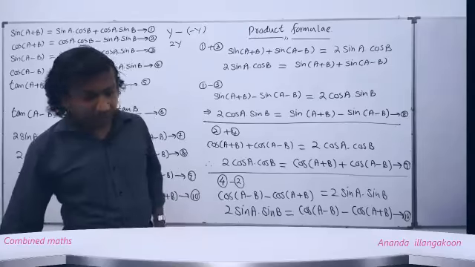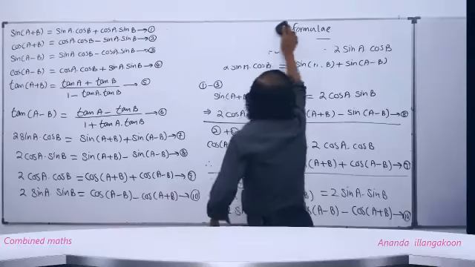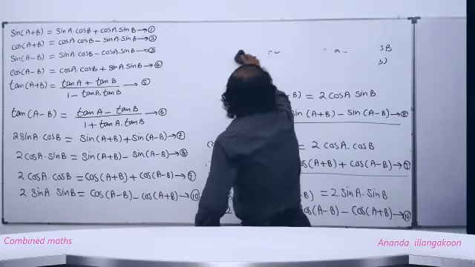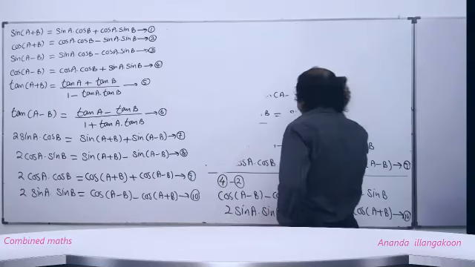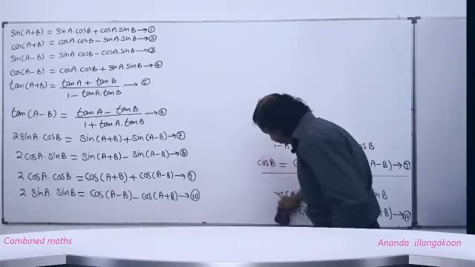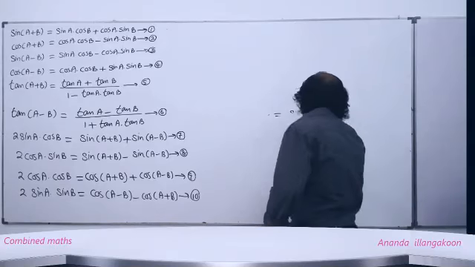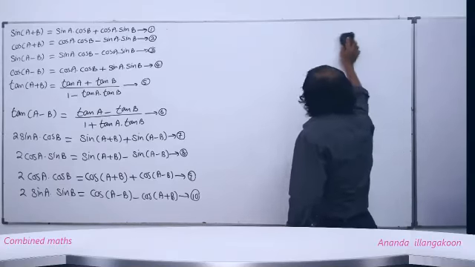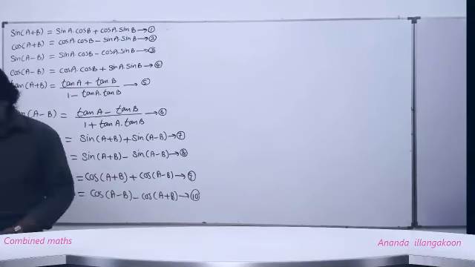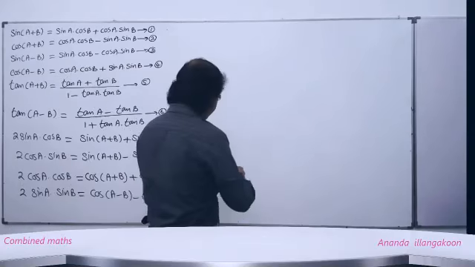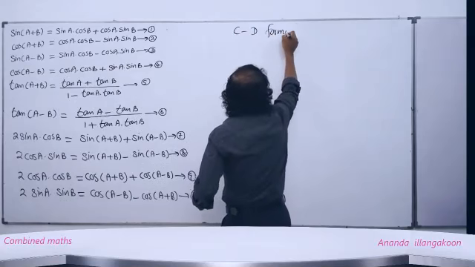Then we'll write, people, the next subheading as CD formulae, capital C dash capital D formulae. Write down the heading as CD formulae.